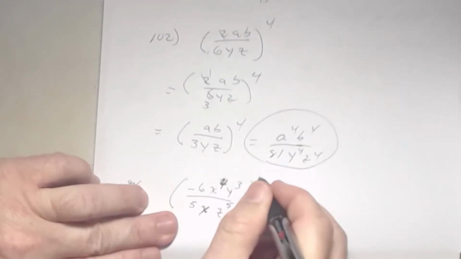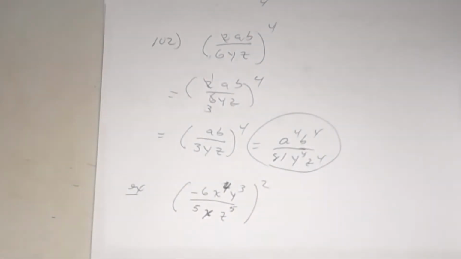And all that's being squared. All right. Okay, so if that was your test, what would be an approach you would take?